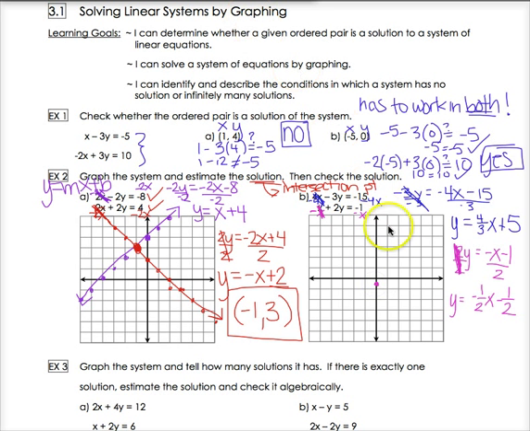A slope of negative 1/2 means I'm going to go down 1, right 2, down 1, right 2, or up 1, left 2, up 1, left 2, up 1, left 2. So there's my first equation, my pink or purple, whichever you think it looks like.